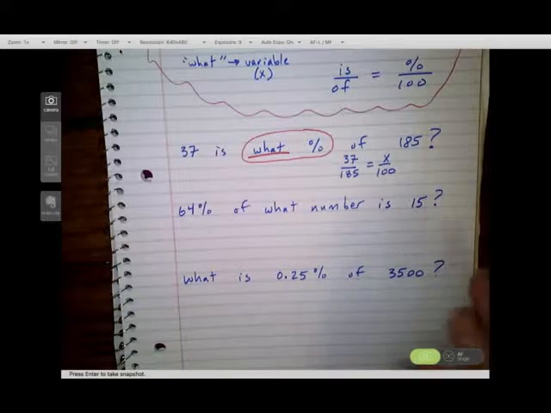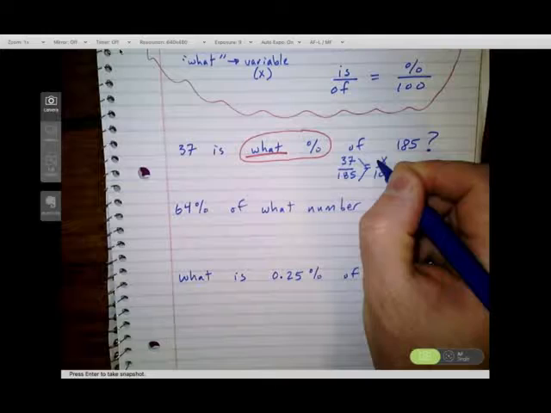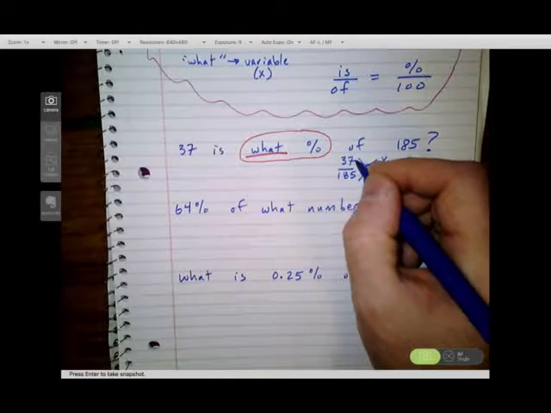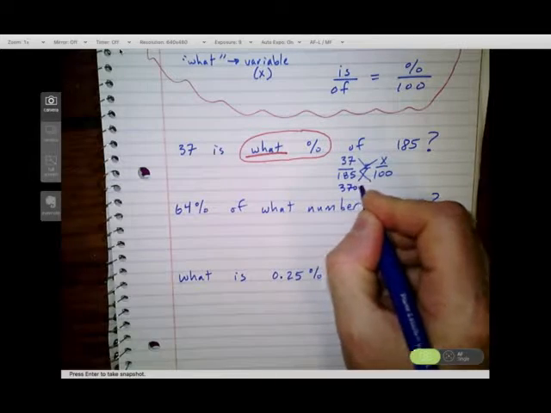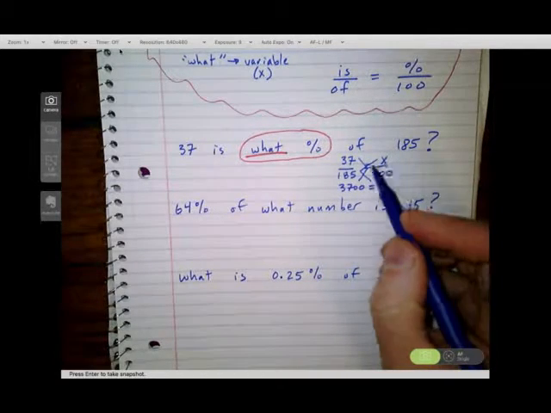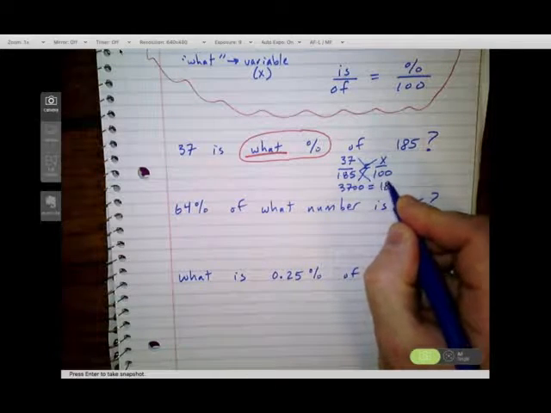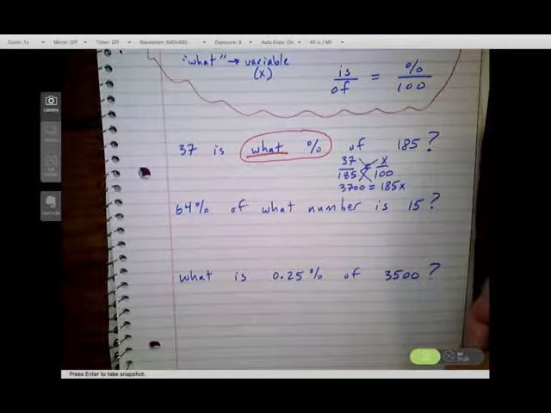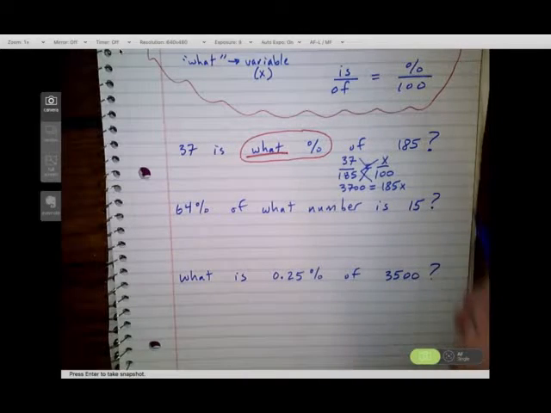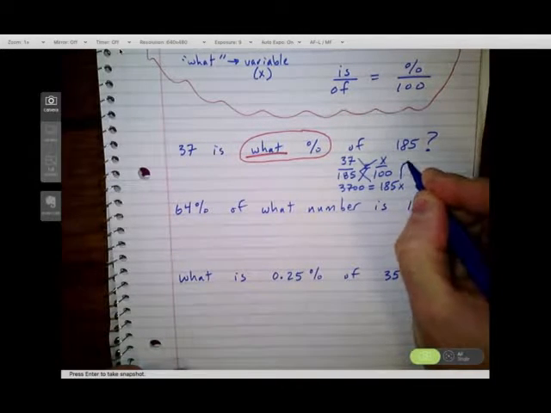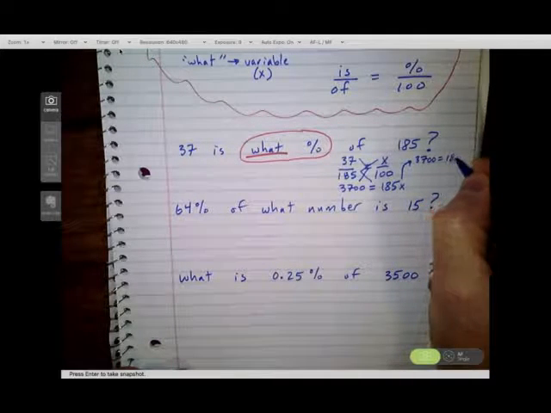Okay, I didn't leave myself enough room here to solve this, but I'm going to cross multiply. And I'm going to do that on my calculator, but this part's easy. 37 times 100 is just 3,700, equals x times 185, which is 185x. So I'm solving for the percent. I'm sorry I didn't leave myself much room here. Let me write this up over here. 3,700 equals 185x.